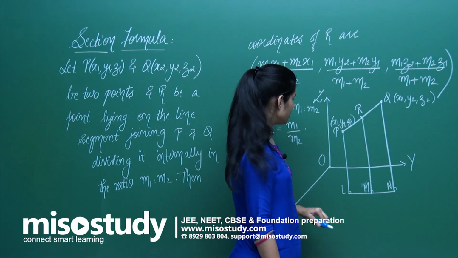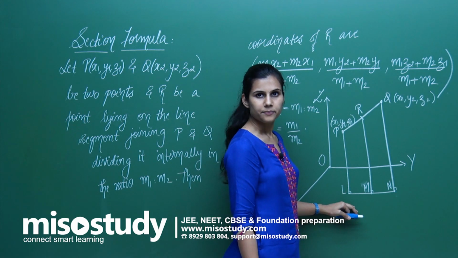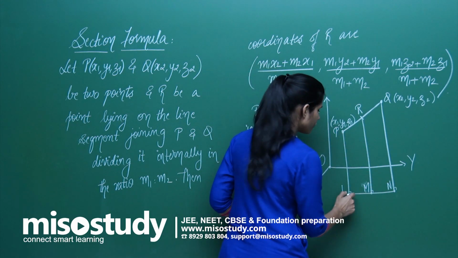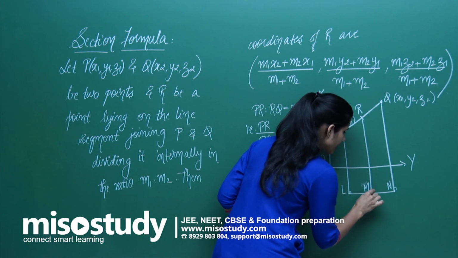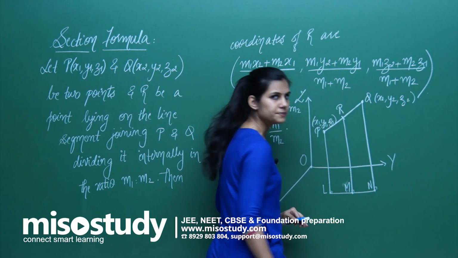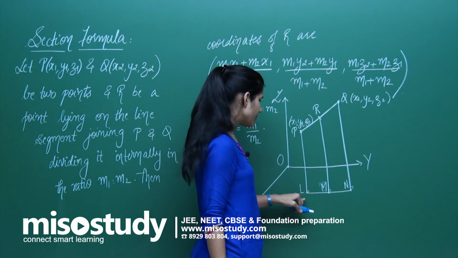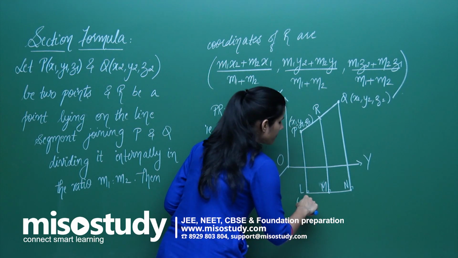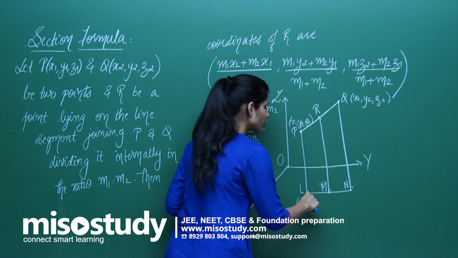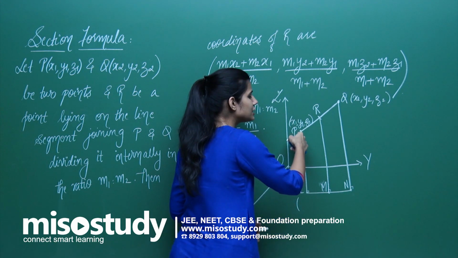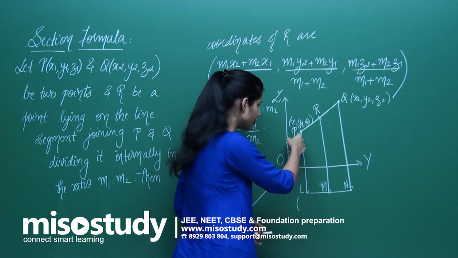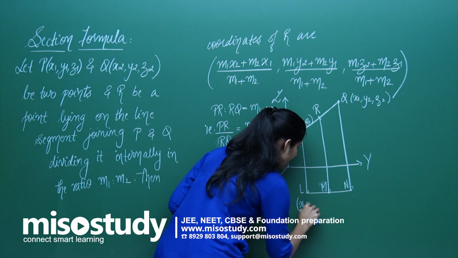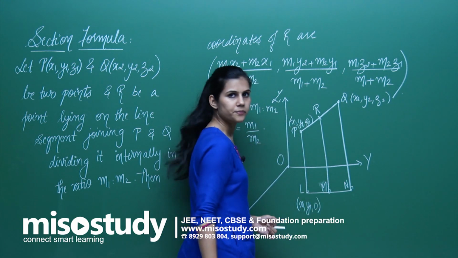Fine. Now what is the next step? Understand one thing carefully. What will be the coordinates of L, M and N? L is the foot of the perpendicular lying in the xy plane drawn from the point P. So its coordinates are x1, y1, 0.